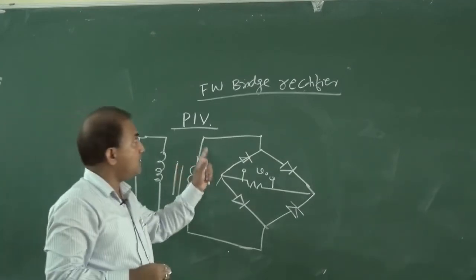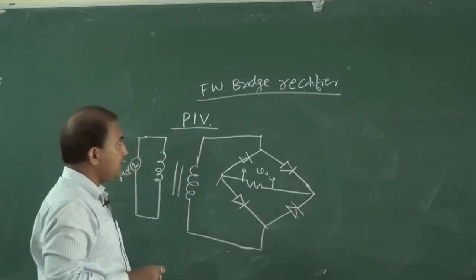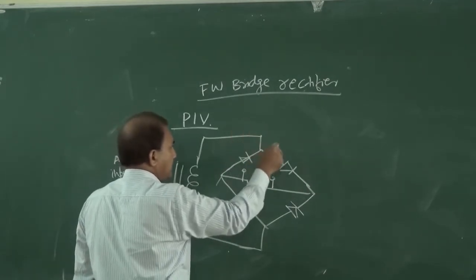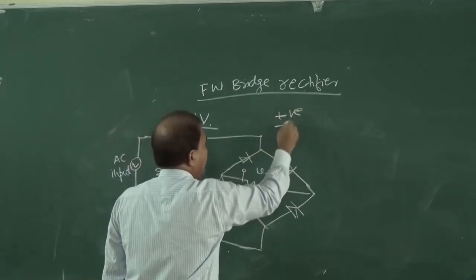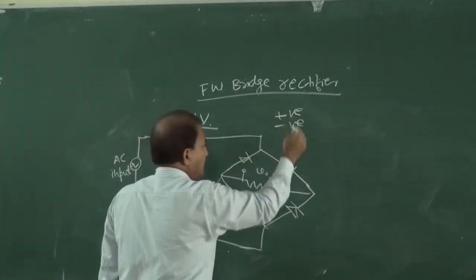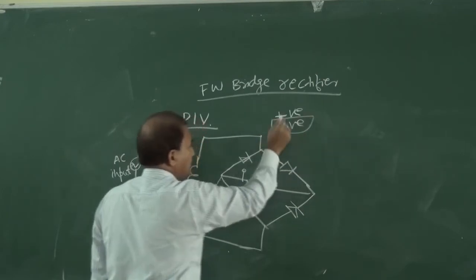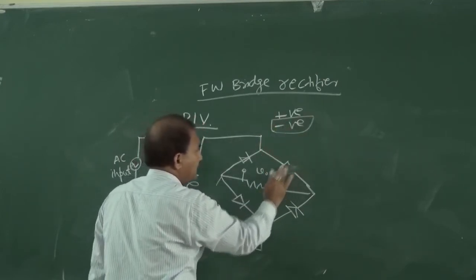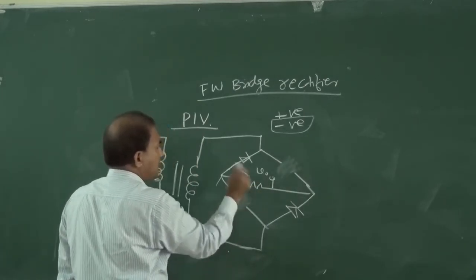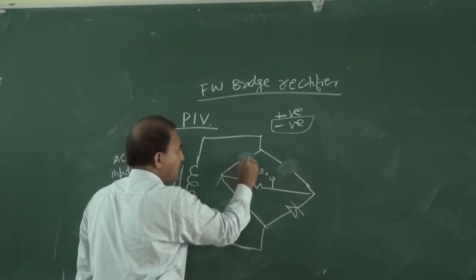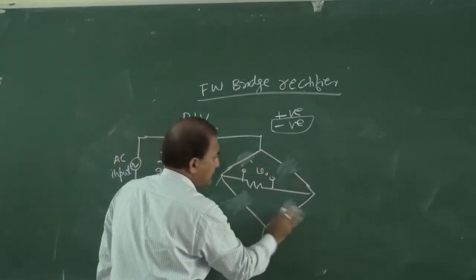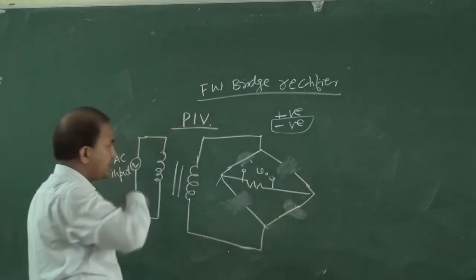Now this is the circuit diagram of a full wave bridge rectifier circuit. We can apply it for the positive half and for the negative half. Suppose for the negative half, this diode will be off, and again this will be off. Only this diode will be in on condition, and this will be in on condition.